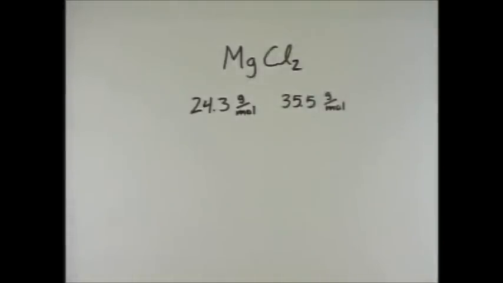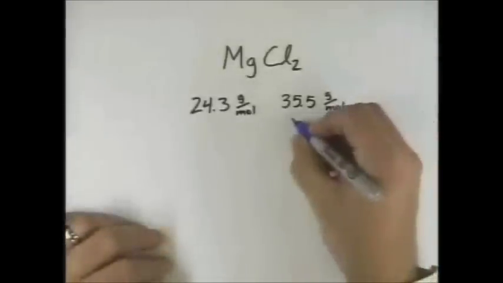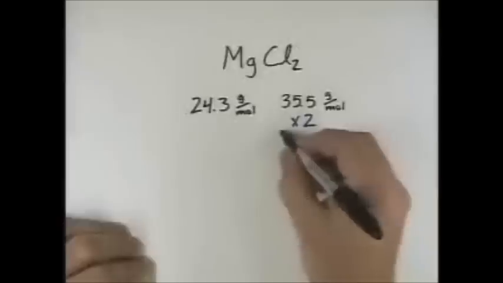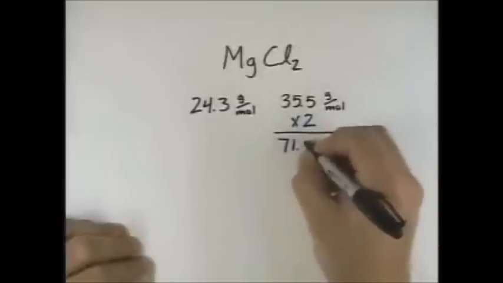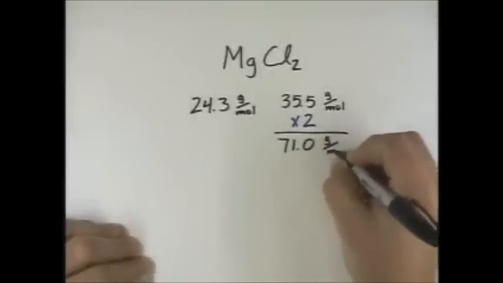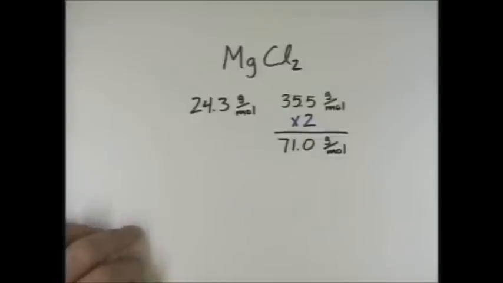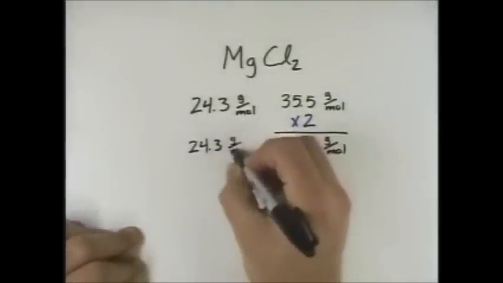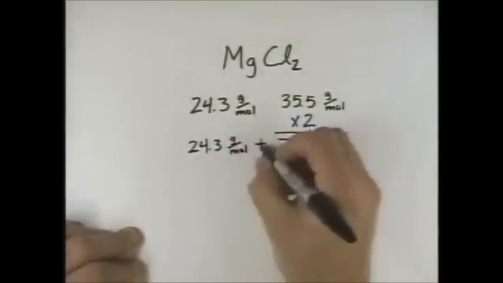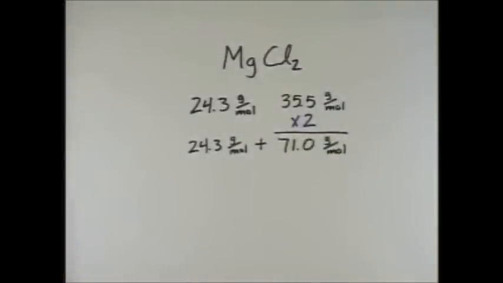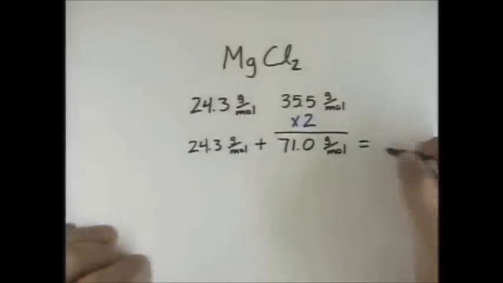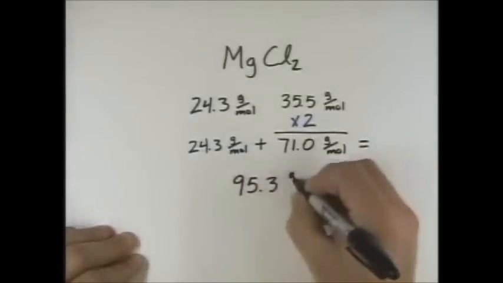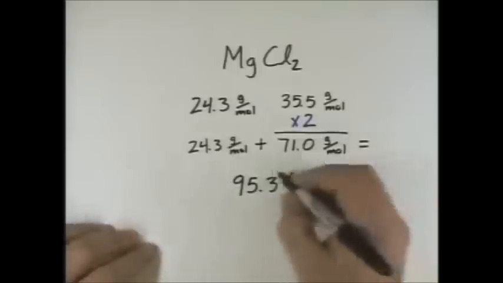So, we need to multiply the molar mass of chlorine by 2 before we add them. Now we add 24.3 grams per mole plus 71.0 grams per mole equals 95.3 grams per mole.